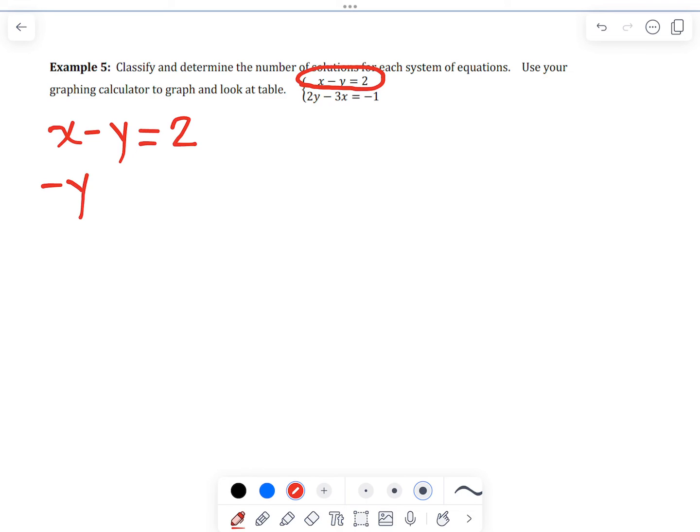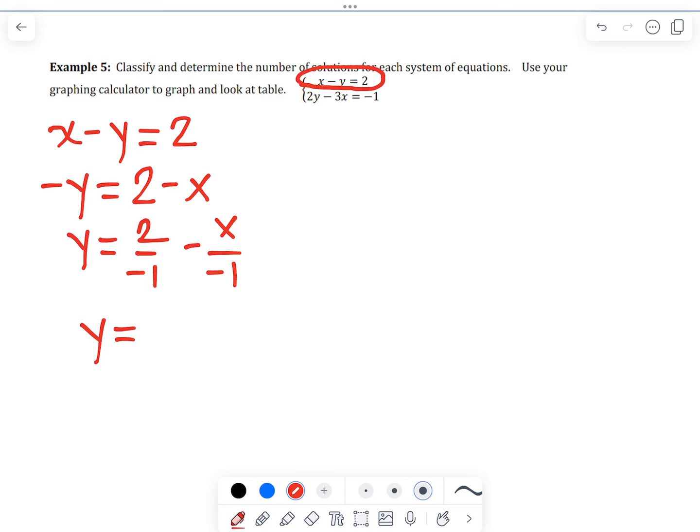So we're going to subtract x from both sides, and then divide both sides by -1. And then simplify. So we get positive x minus 2. And we'll call this y1 in the graphing calculator.